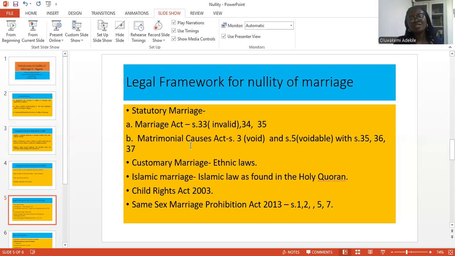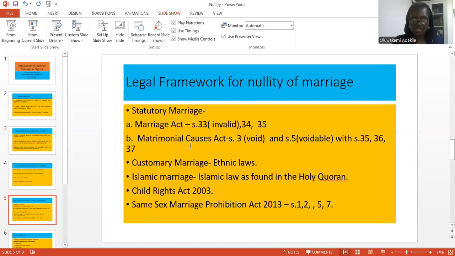Then, talking about a void marriage, you talk about the Matrimonial Causes Act, section 3 and section 5, together with sections 35, 36, and 37, which constitute what they call bars to nullity. These are conditions under which, when a party has established that the marriage is voidable by proving the conditions under the Matrimonial Causes Act, the court can still say they will not annul the marriage.